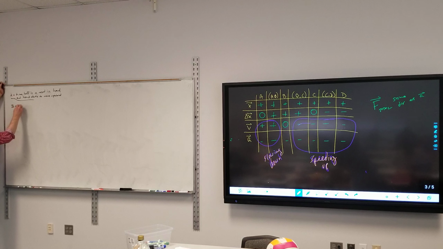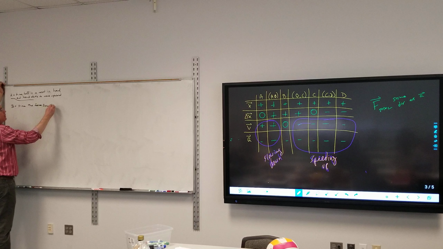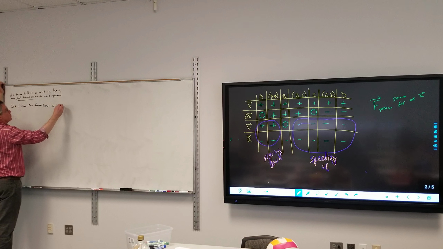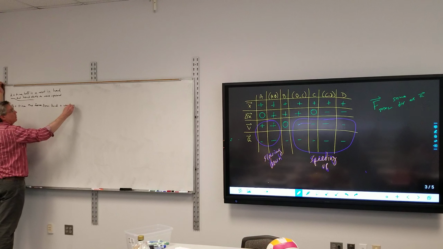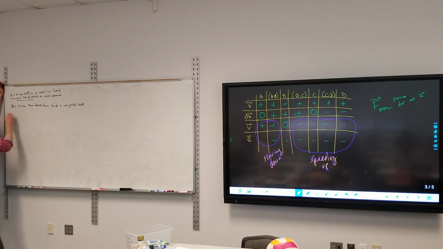B, time the force from hand equals weight of ball. C, time ball leaves hand.